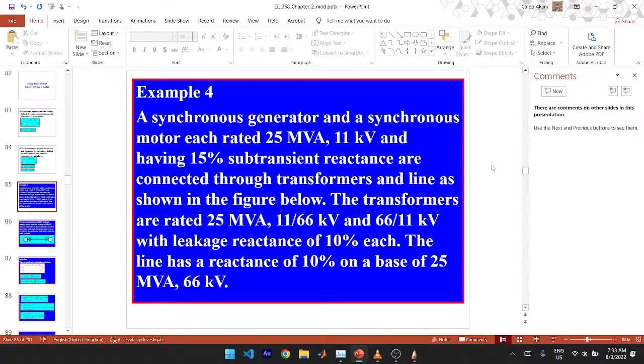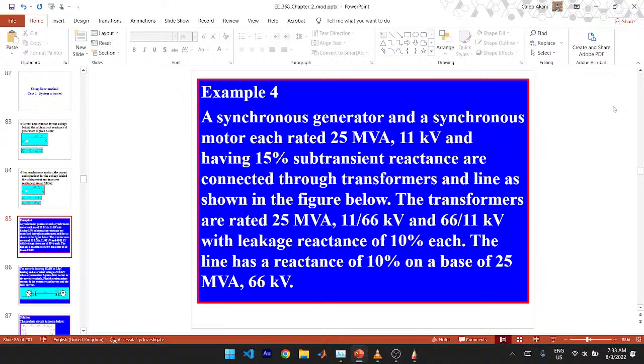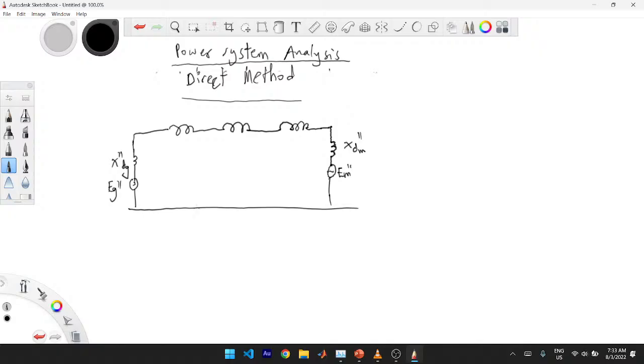The question says that we have a synchronous generator and a synchronous motor, each rated 25 megavolt amps, 11 kilovolts, having 15% subtransient reactance. So the rating of all of them is 25 megavolt amps, 11 kilovolts, and the X is 0.15.